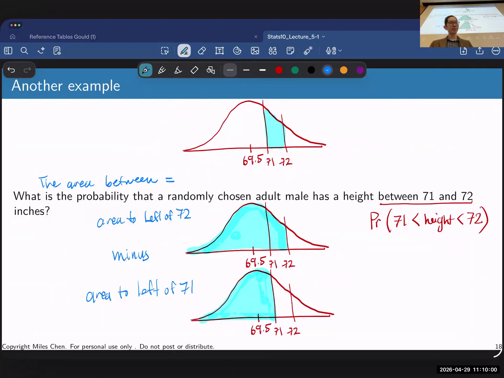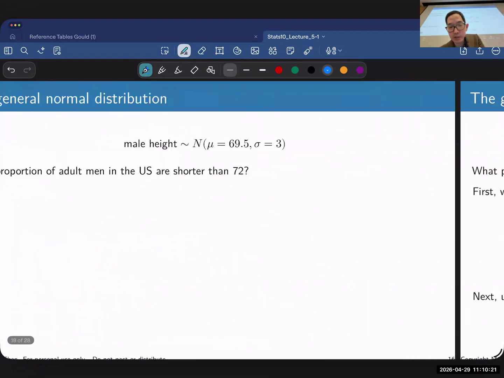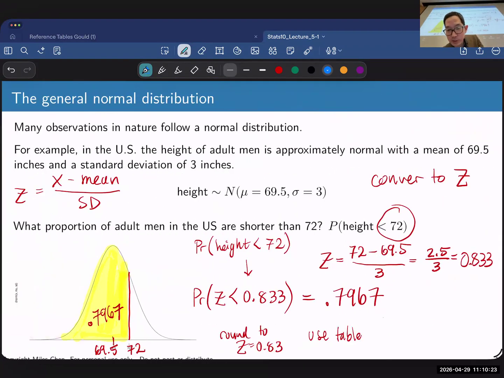So we have these answers from the earlier problems that we did. Okay. So the probability that height is under 72, that was our z-score of 0.83. So I go back a few slides and we got the answer 0.7967.